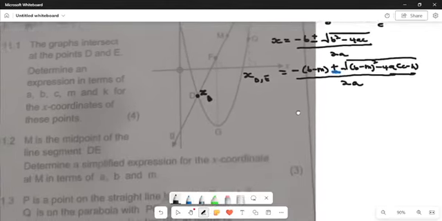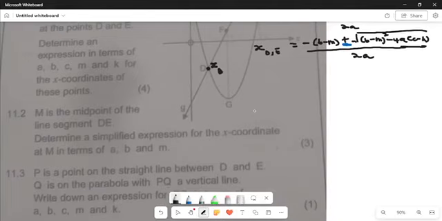And then the second question, M is the midpoint of the line segment DE. Determine a simplified expression for the x-coordinate at M in terms of a, b, and m.